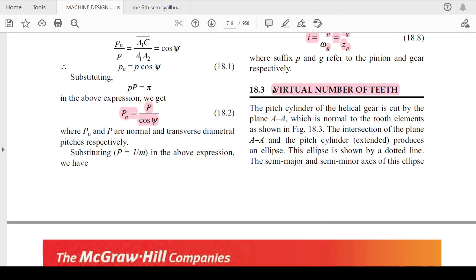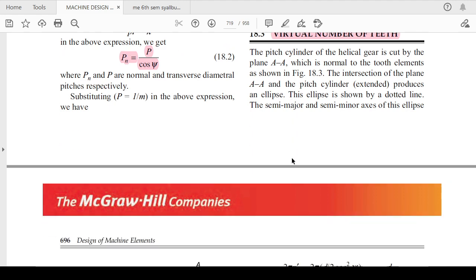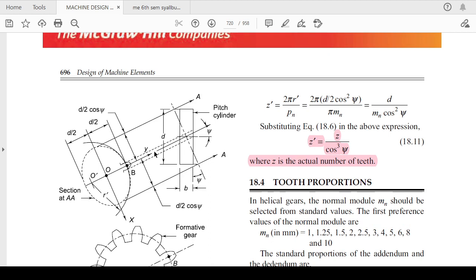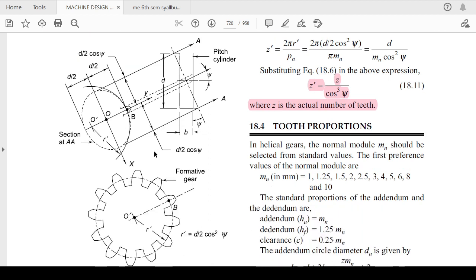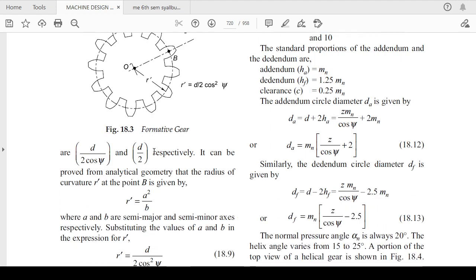Now there is a concept of virtual number of teeth in the helical gear, because the pitch cylinder of the helical gear is cut at a particular section which is normal to the tooth elements. So this particular graphical representation forces us to calculate the virtual number of teeth, which is a kind of formative gear, as you can see here.